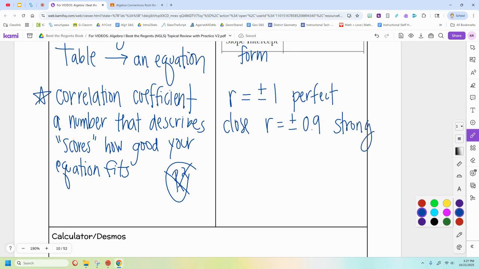If we get an r value of plus or minus maybe 0.7, that's moderate. And if we have an r equal to like plus or minus 0.4, it means that it's weak.